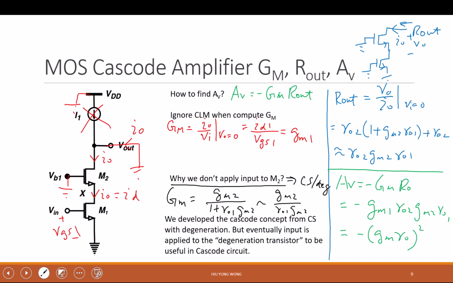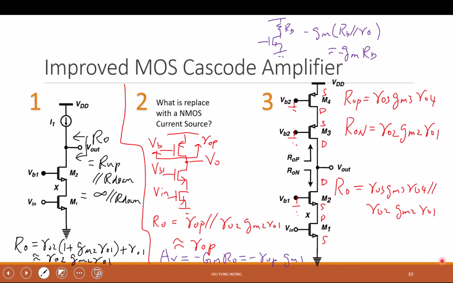Yeah, approximation, provided that I am careful. I just say assume GM1 is similar to GM2 and we call it GM, RO1 similar to RO2 and we call it RO. So here, you can do something similar. Then you say it is half RO square GM. Yeah, you can say that. Okay, good.